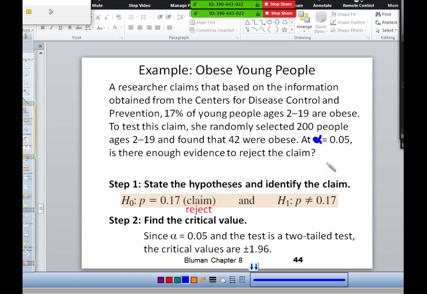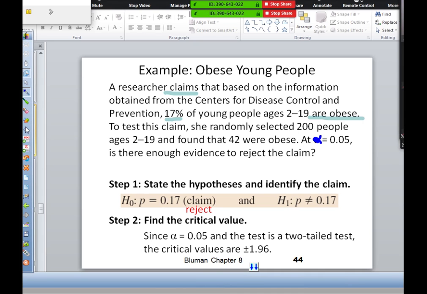Okay. So, state the hypothesis and identify the claim. First, find my claim. The researcher claims, based on the information, that 17% are obese. So the proportion is 17%.